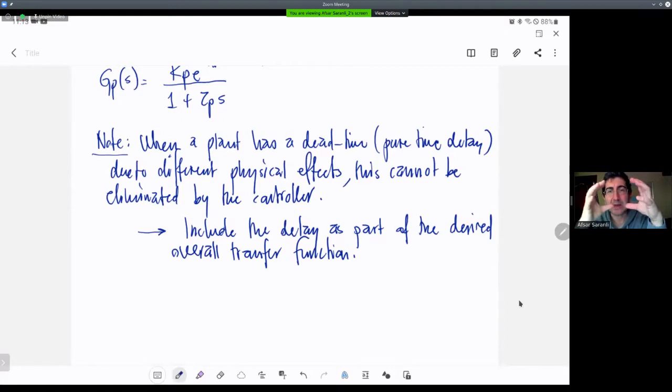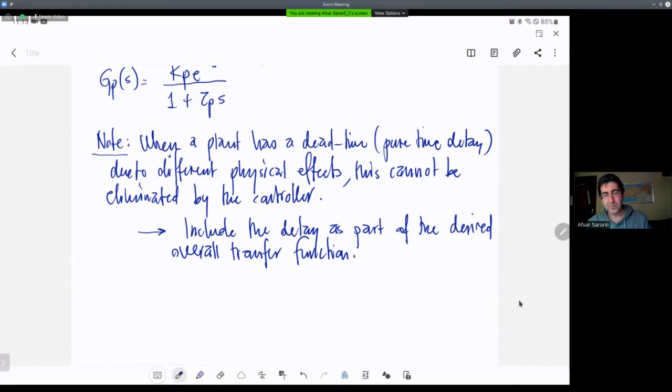But we can still live with a certain delay if it's nothing but a shift of the desired response. Okay, so this design cannot eliminate the delay, but it basically takes the delay from inside the loop and puts it outside of the loop, so that you get an overall stable system, but with the same amount of delay.